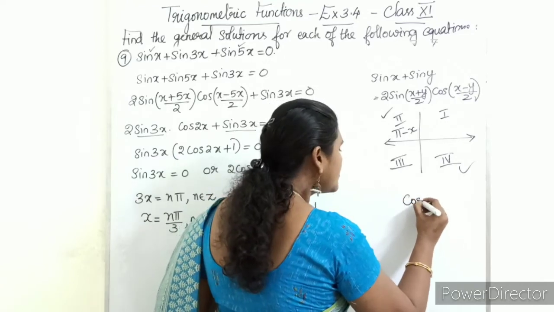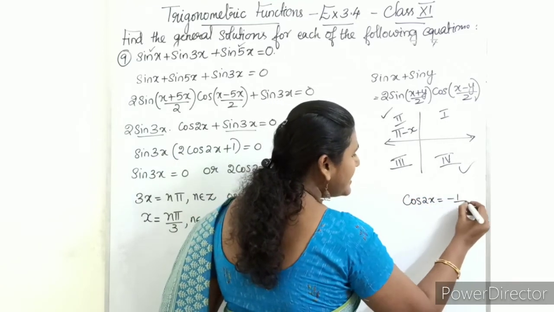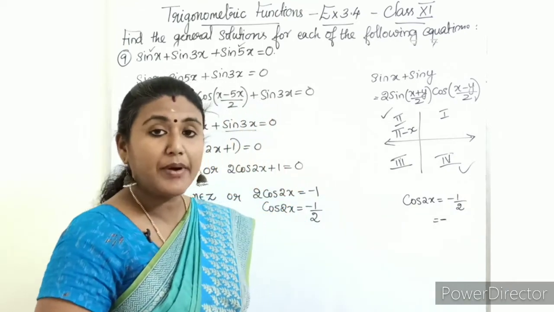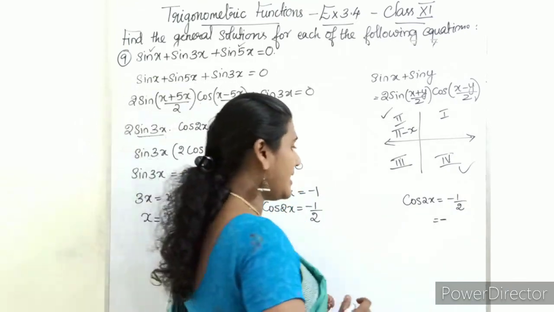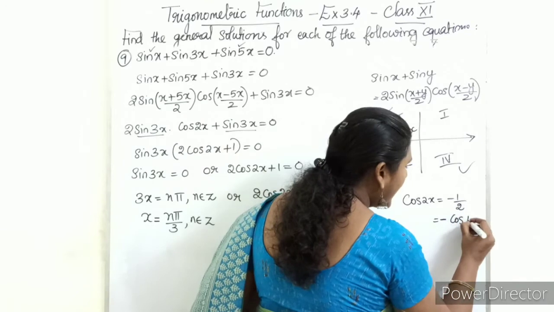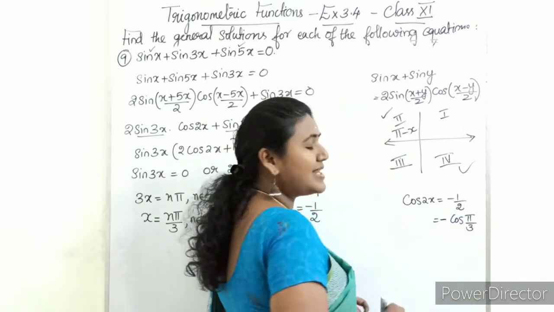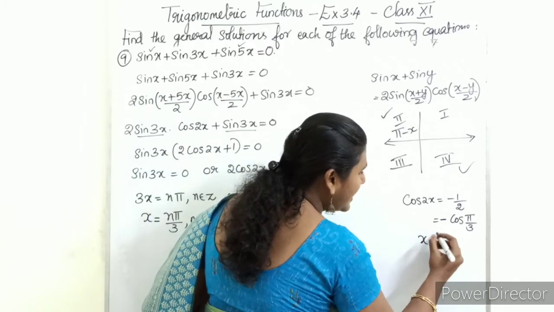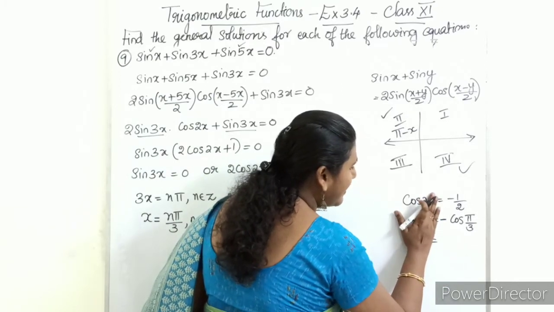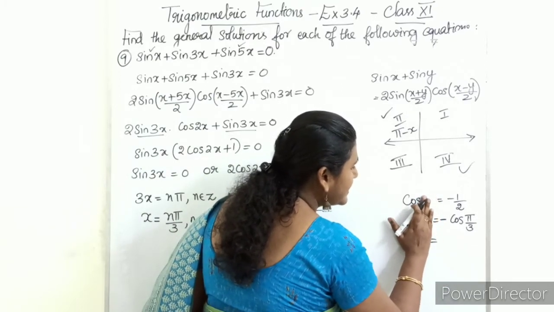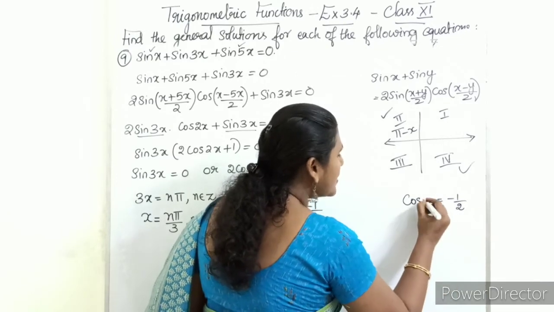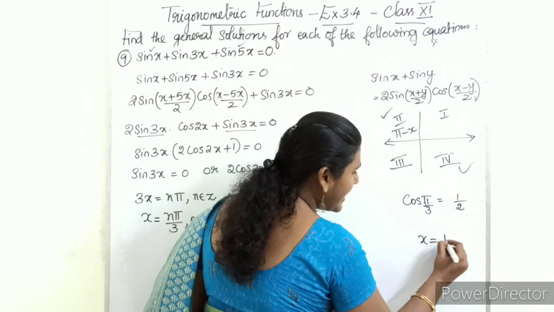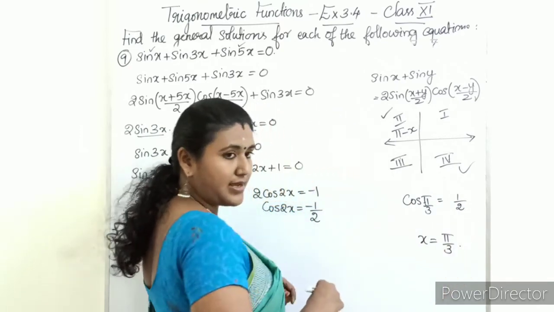Cos 2x is equal to minus 1 by 2. For which angle is the cos value 1 by 2? Cos 60 degrees, that is cos pi by 3. 60 means 180 by 3, that is pi by 3. So cos pi by 3 value is equal to 1 by 2, so x is equal to pi by 3.